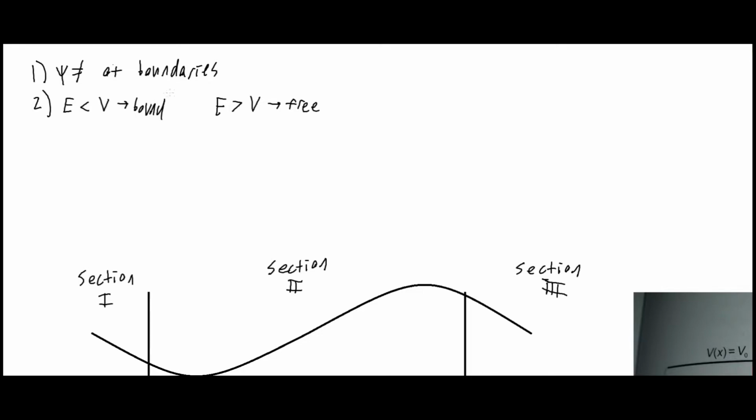Like I said, the rectangular wells are not actual physical systems, but these two things are true of actual systems, which you will not find in the infinite rectangular well.